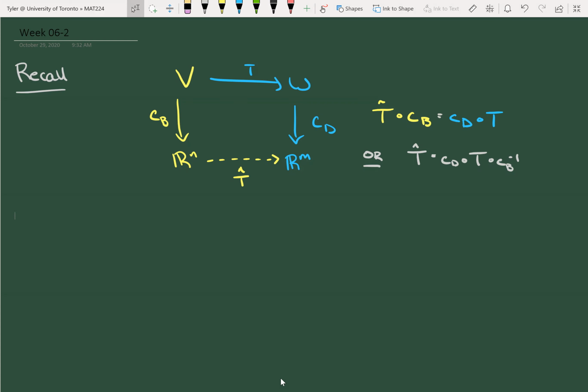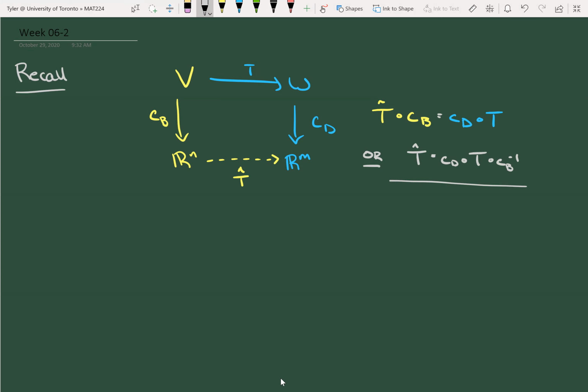So what we want to be able to do is to rewrite our linear transformation T as a linear transformation from Rn to Rm, right? And last time we talked about how we could do that. And we came up with this thing in the bottom right-hand corner here, which is this idea that the corresponding linear transformation should be this thing. And if you think about what this thing is doing, it makes sense, right?